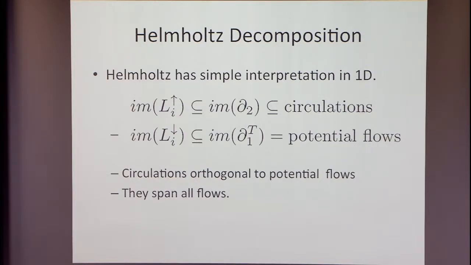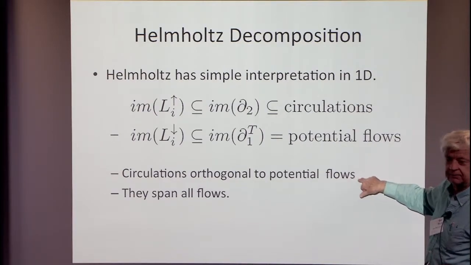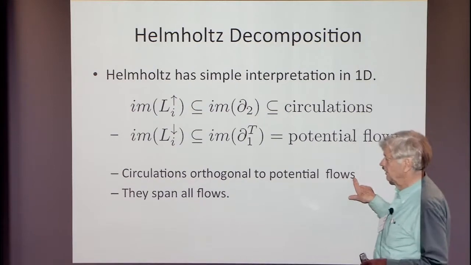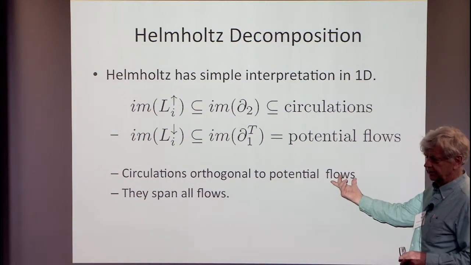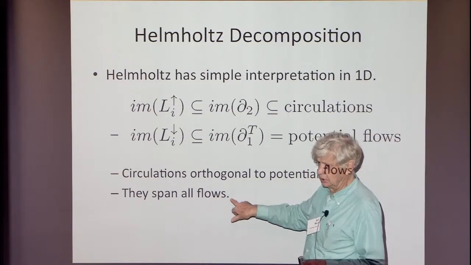There's a very nice exercise to give in a graph theory class: if you take all the flows on a graph, you could look at those that are circulations, and those are orthogonal to potential flows for unit size resistors. Another nice exercise is to show that they span all flows.